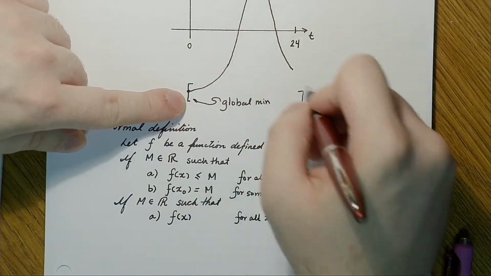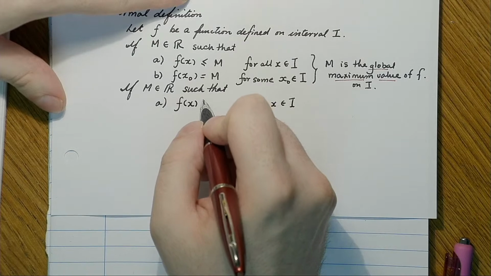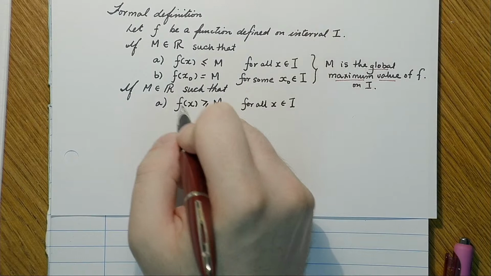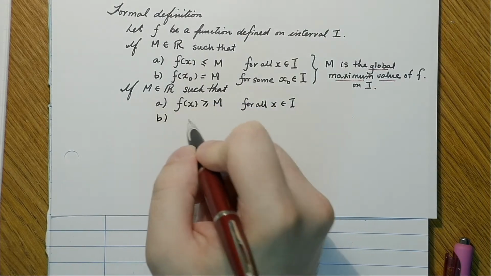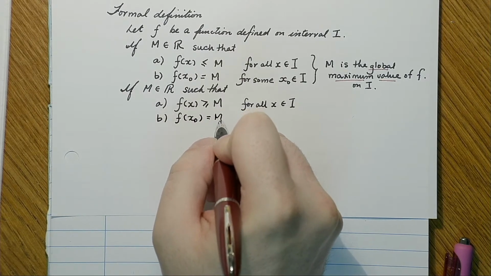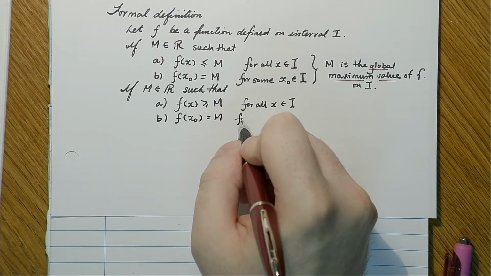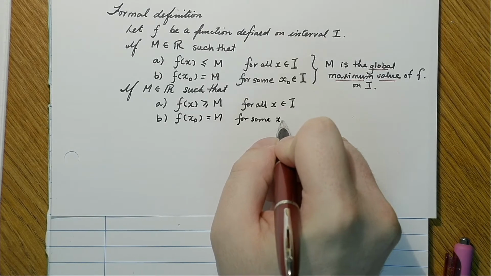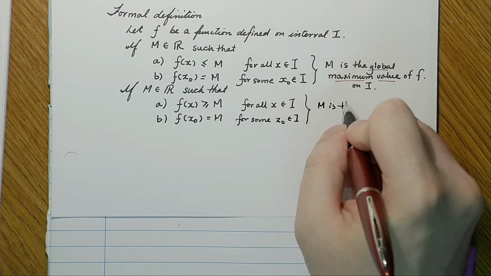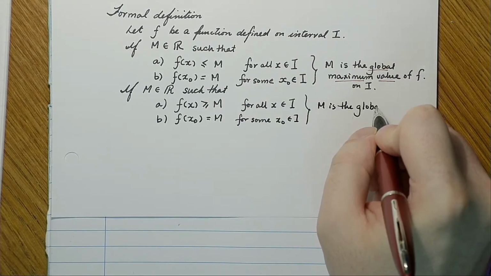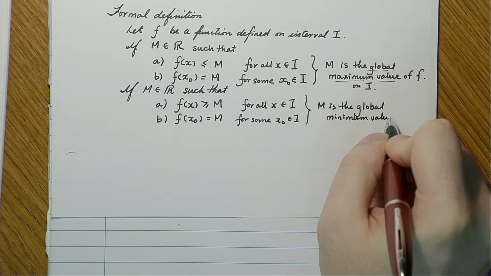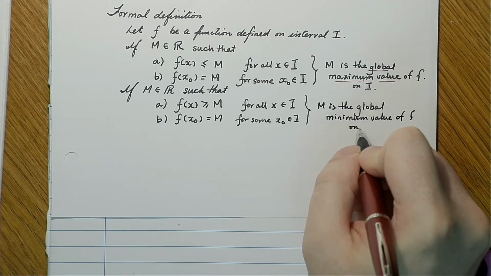So again, all the other values here are larger than m. And then there is some point in that function that actually equals m. And that is what we'll call the global minimum on that interval.